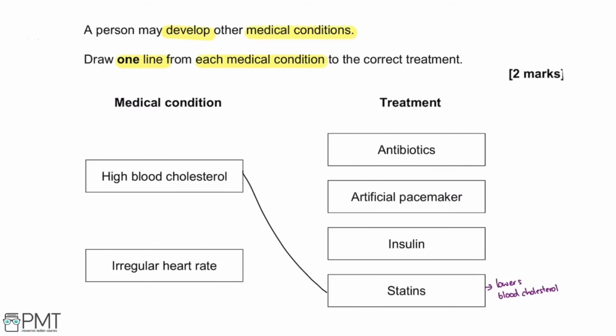Irregular heart rate is treated with an artificial pacemaker, and the key for this one is that it's called a pacemaker, so it corrects the pace of the heart. In the case of the other 2, the antibiotics would be used to treat a bacterial infection, and insulin is used to treat somebody with diabetes.